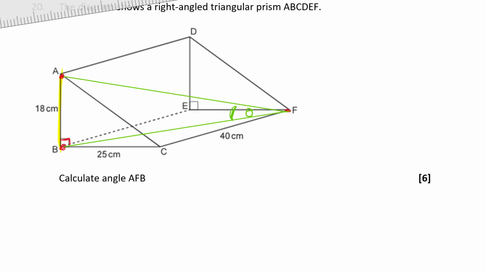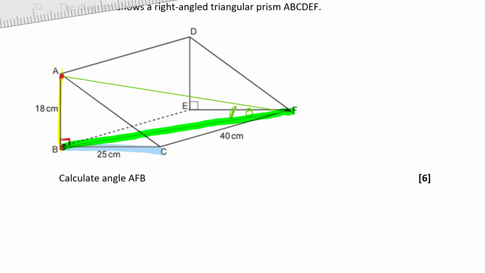So before I can work out that angle, I'm going to need to find another side in triangle ABF. What I'm looking at here is probably this line along here. If I can find that length first, then I will know two things in triangle ABF, and I can use those two things to find the angle. So how am I going to find BF? Well, BF is part of triangle BCF.